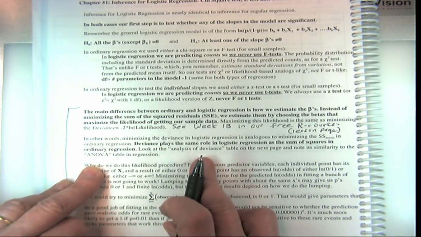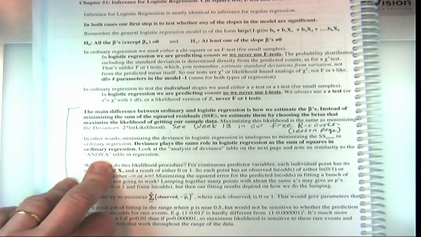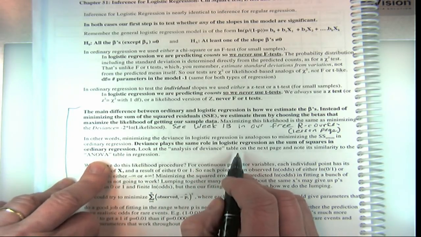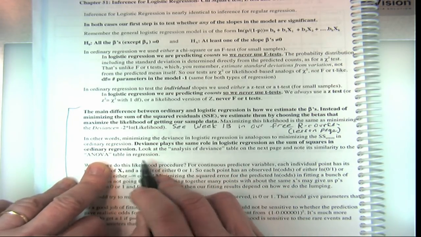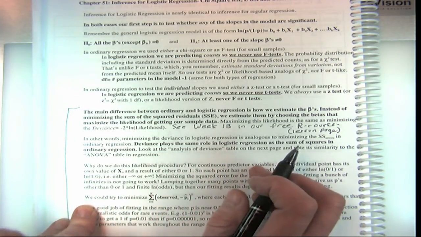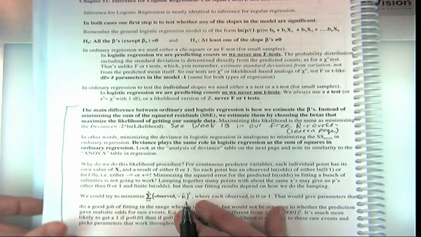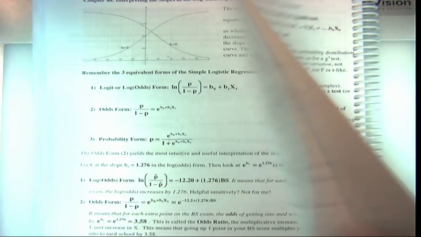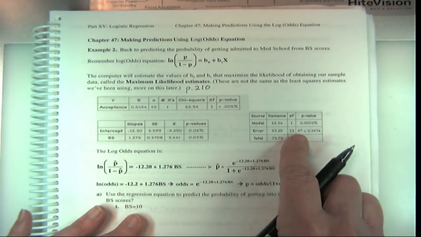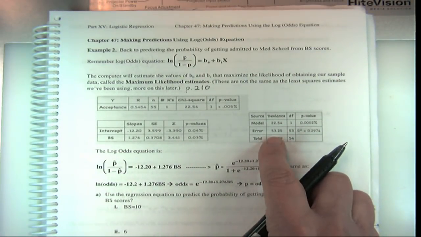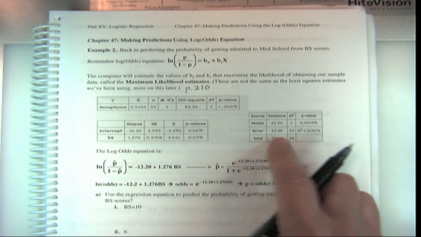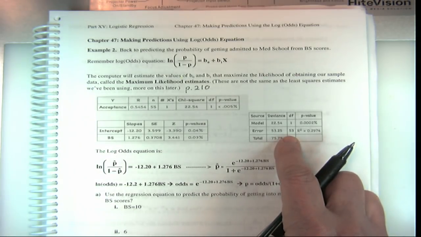In fact, you can make an analysis of deviance table that's just like our ANOVA table. Let me show it to you. Right here, we have this analysis of deviance table on page 203.